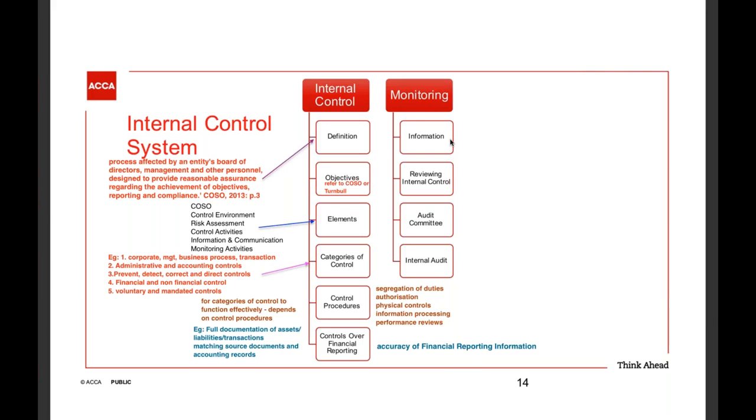What I was talking about just now was the level of information: strategic, tactical, and operational information. Whether it is strategic, tactical, or operational, the information under these headings may be categorized as financial or non-financial as well.